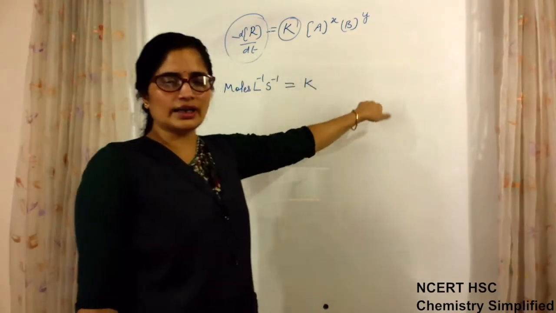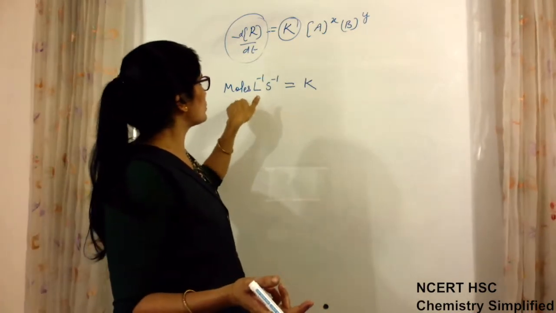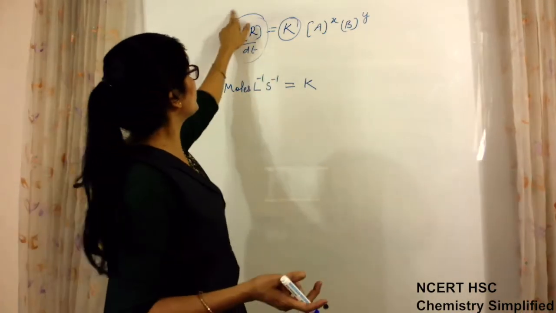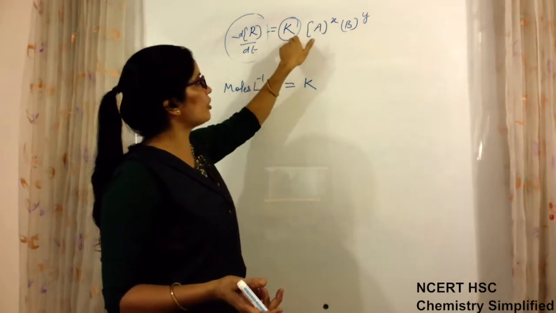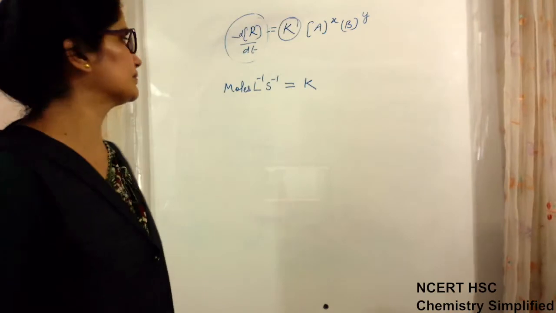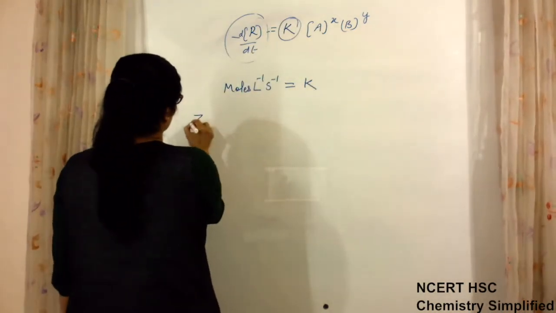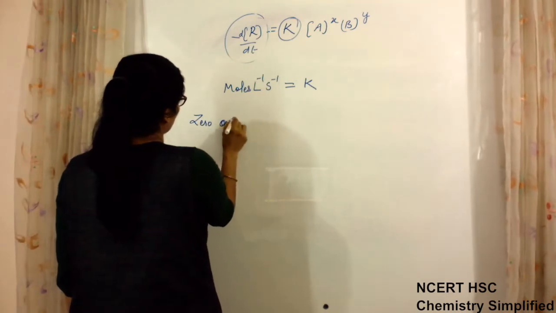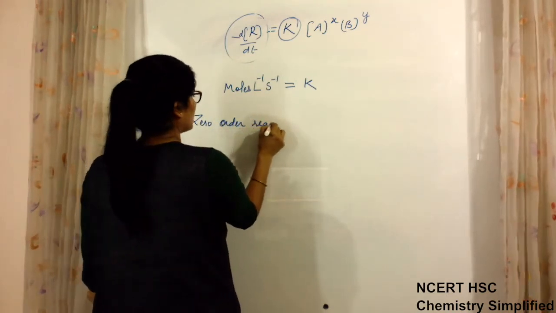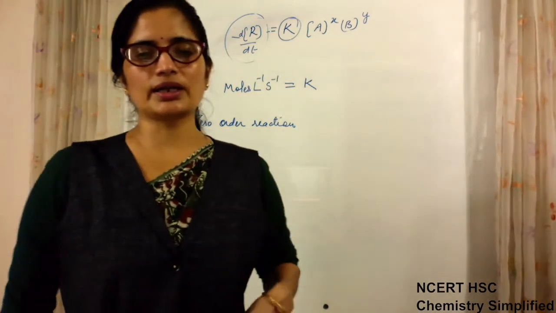If you are asked the unit of rate, then the unit of rate is moles per liter per second. But the unit for rate constant will be different for different orders of reaction. Now suppose we are writing this for a zero order reaction.